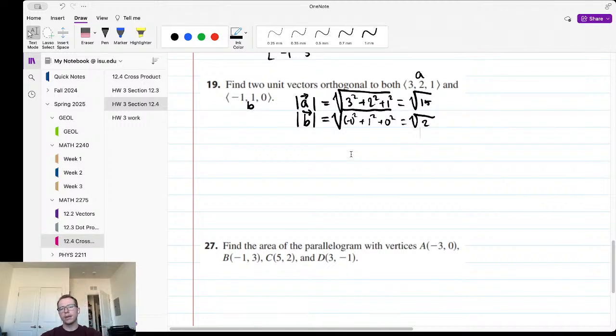And so how do I find just two random vectors? Because scaling them with that will turn them into a unit vector, but it's not going to make them orthogonal to them.